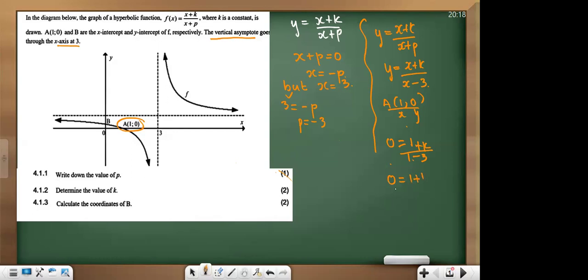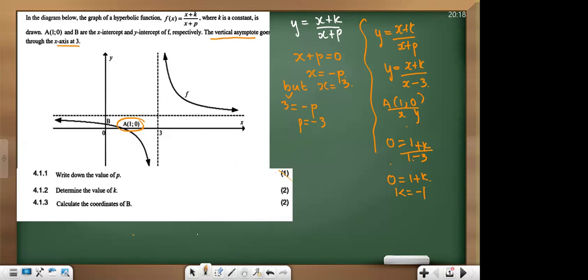So can I say k equals 3? There was minus 1. Is there something I'm missing out? k equals minus 1. Okay, apologies. It's just tiredness at its best. Whenever I'm tired, I make a lot of mistakes.